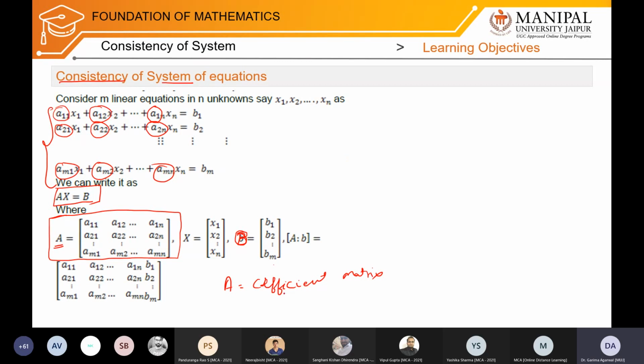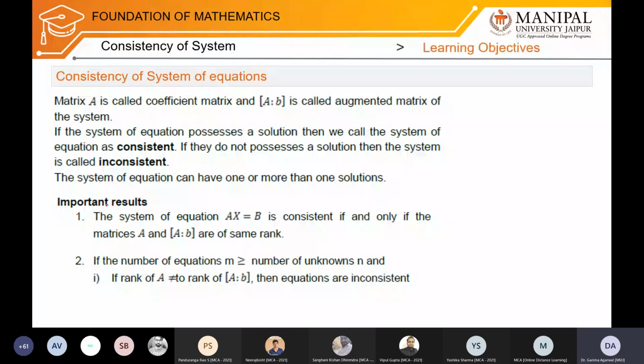So this is known as system of equations. Am I clear? If we write all the linear equations in a matrix form, then it is known as system of equations, right?